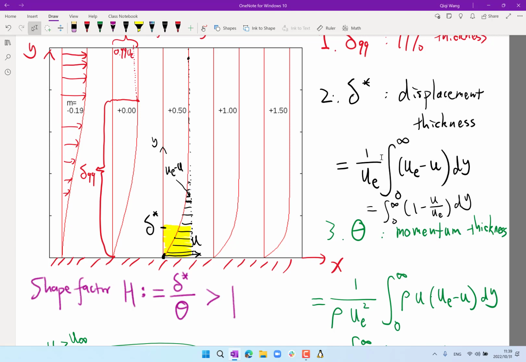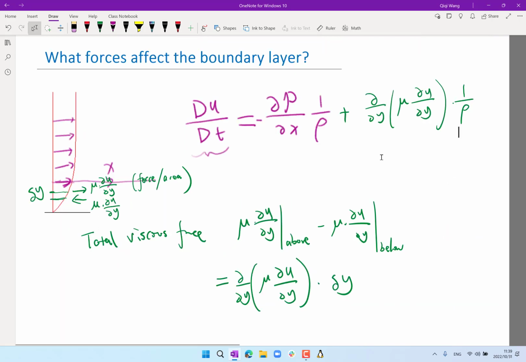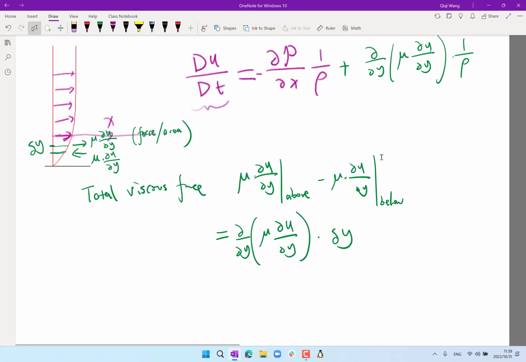So we'll remember this when we start to reconsider viscous forces a little bit later. But this lecture will focus on just this term, and to see how this term affects the three different thicknesses as well as the shape factor.